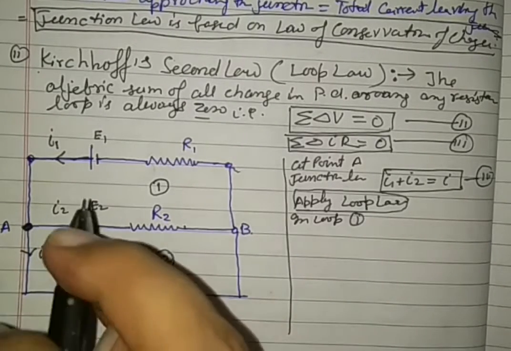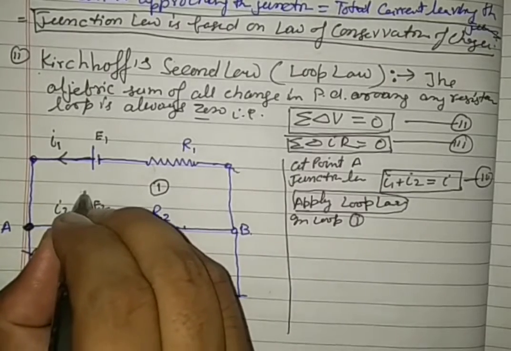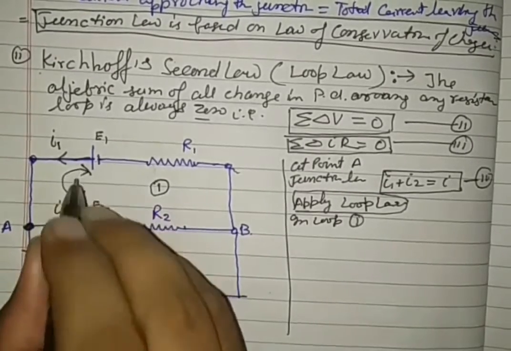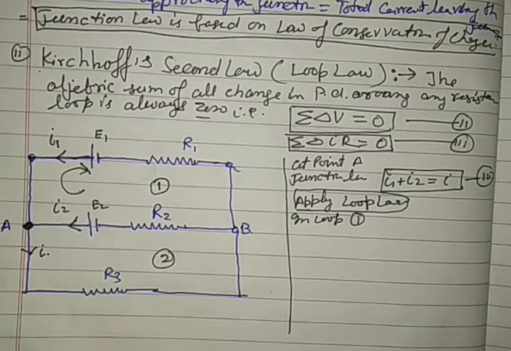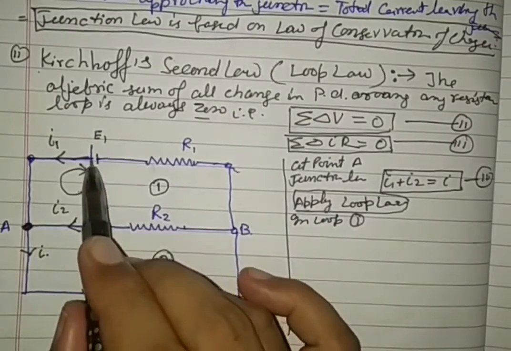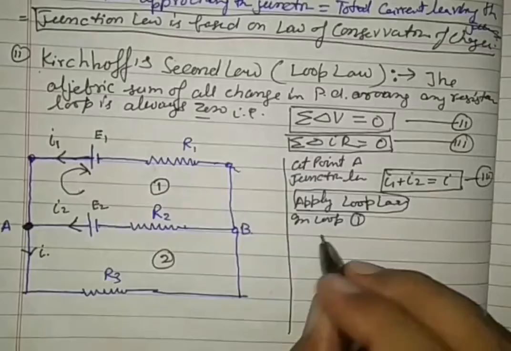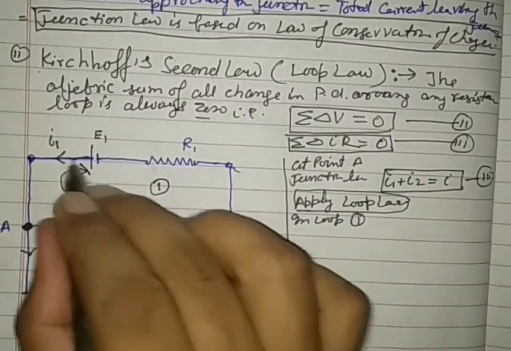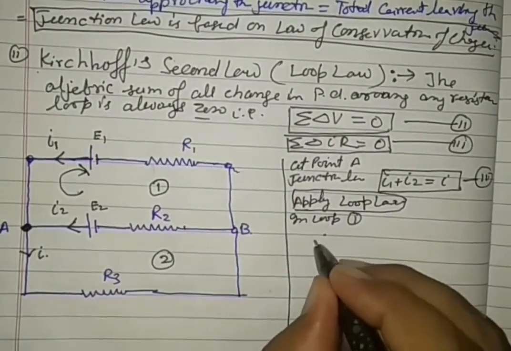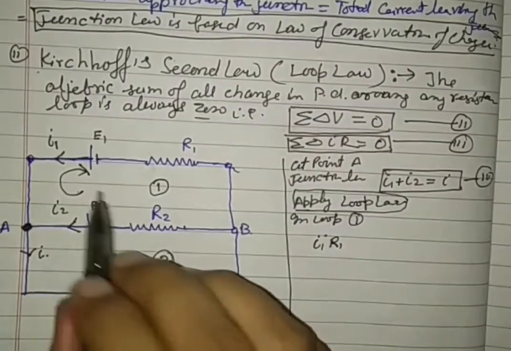So see, whenever we apply the loop law, we make a sign convention. See, there is a potential difference in the cell and in the resistance. What is the potential difference in the resistance? I1 R1. See very carefully.